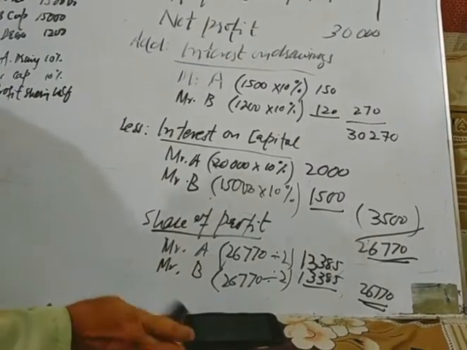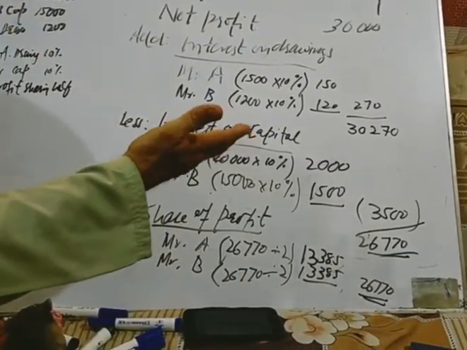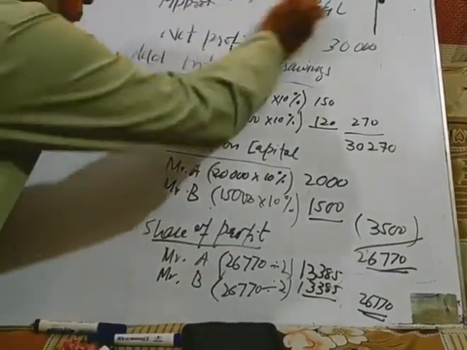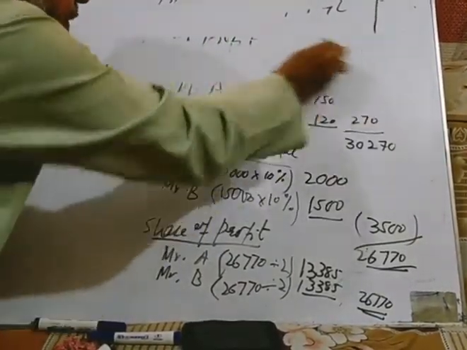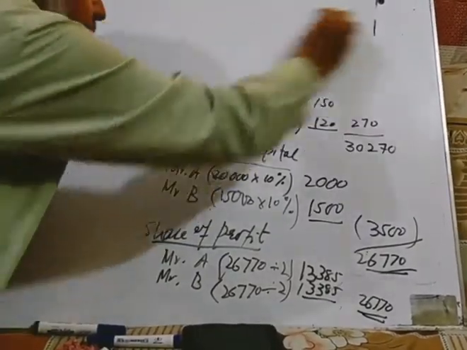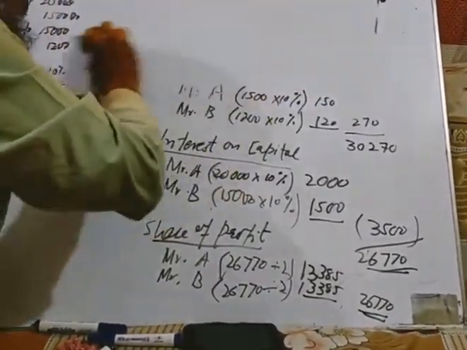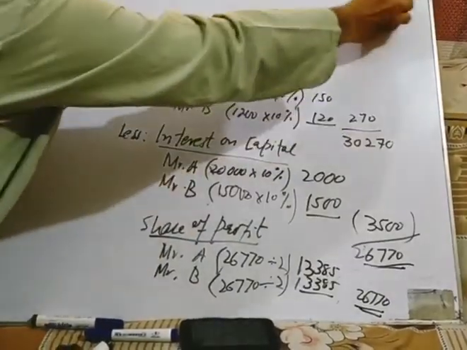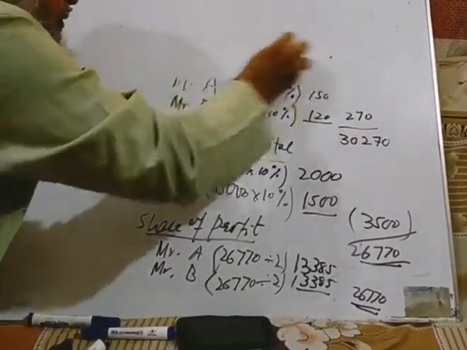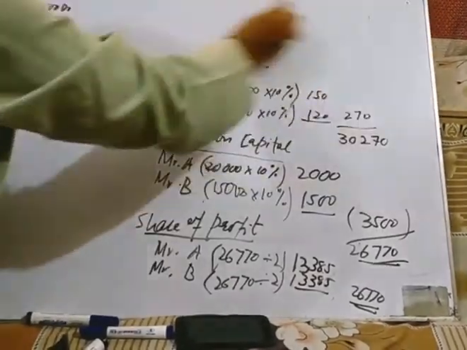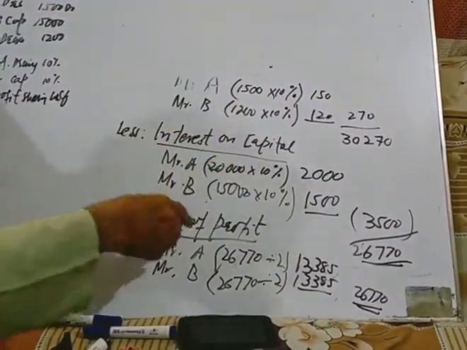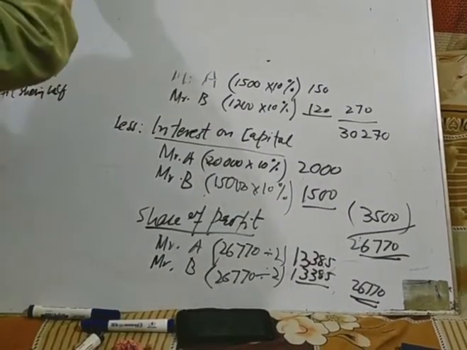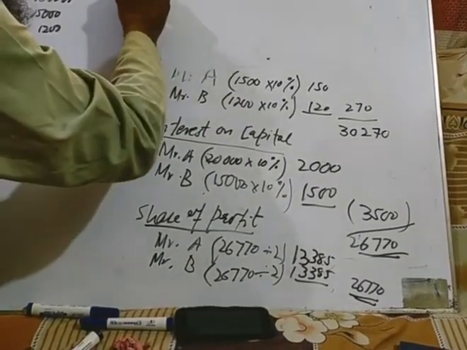Now what we are doing is, with the help of this, we are going to prepare the current accounts. How do we prepare current accounts? We will transfer all this statement, or we will copy paste, you can say. We will transfer all this information into our current accounts. Now in current accounts there are 2 partners.